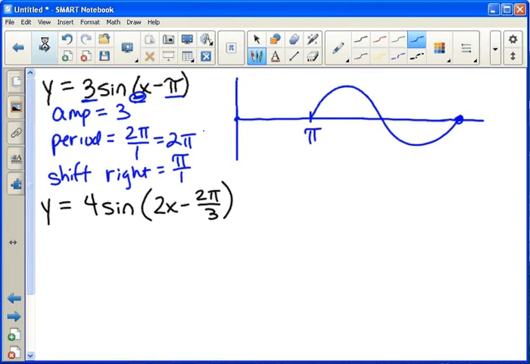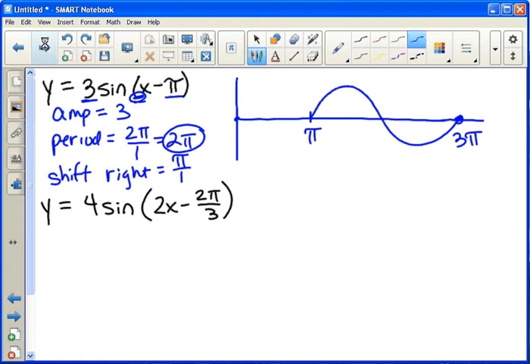That means it takes us 2 pi to go a full cycle. So if we're starting at pi and we go another 2 pi, then we'll end at 3 pi. Another way to think about it is to get your endpoint, you just need to add these two together. You add your starting point plus your period, and that will give you the endpoint.